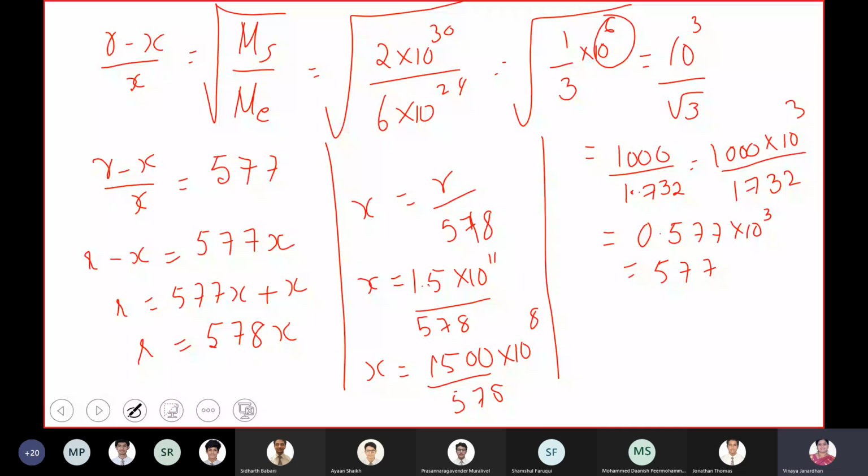Now, if you calculate, this comes to be somewhere around 2.58 into 10 to the power of 8 meters. Just check the calculation. No, it's somewhere around 2. Yeah, that's not a problem.